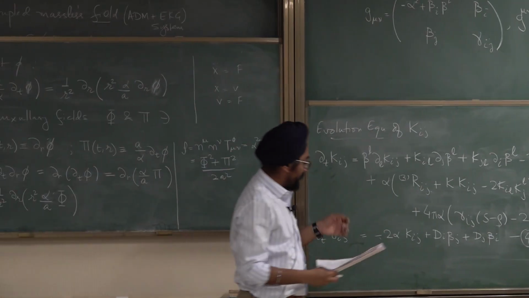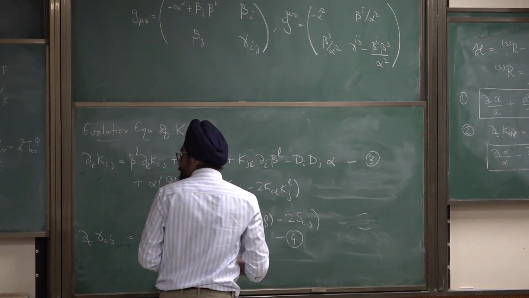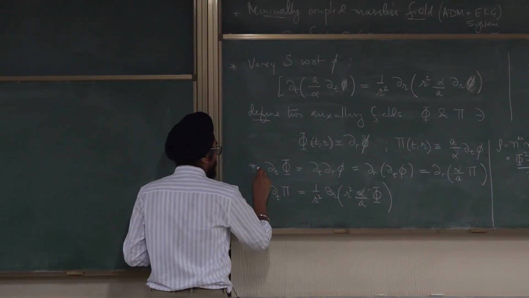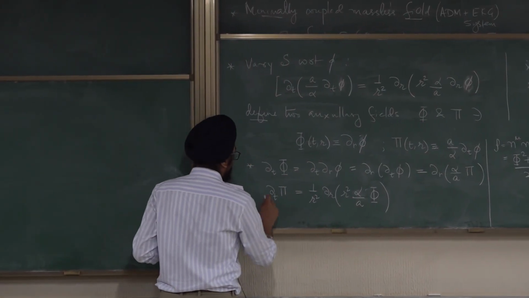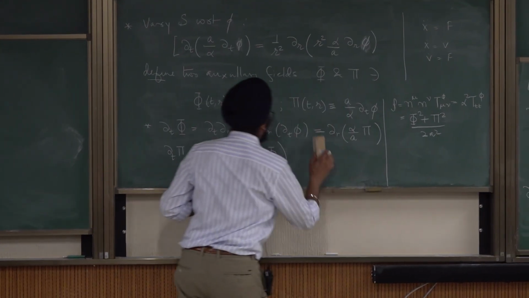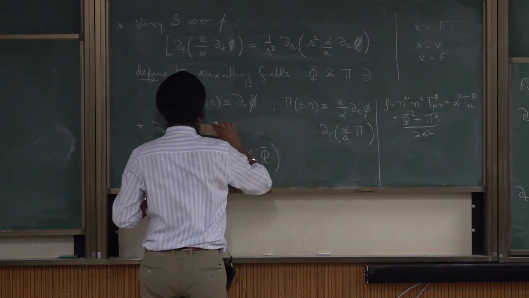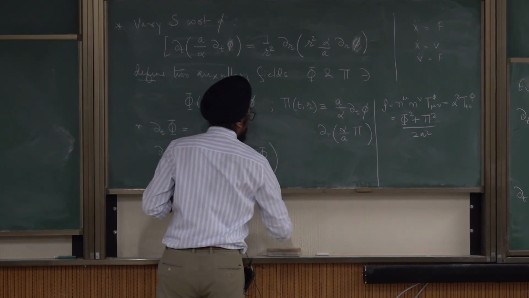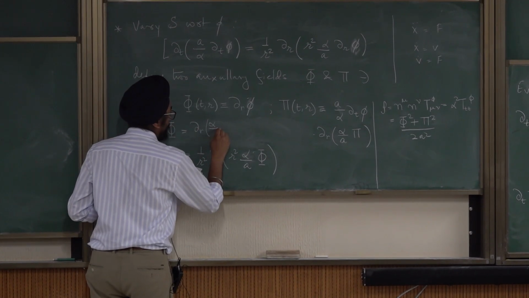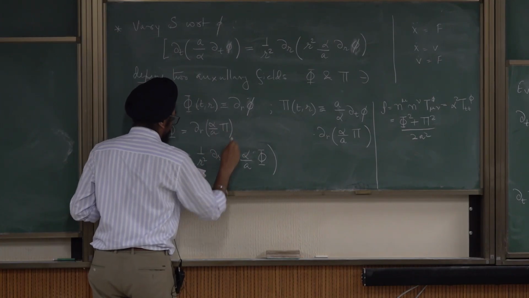So now you have one equation which is here. Let me just write this thing here. Del R of alpha by A pi.